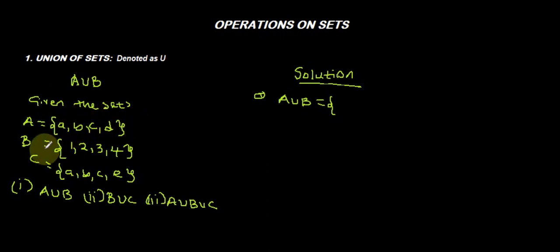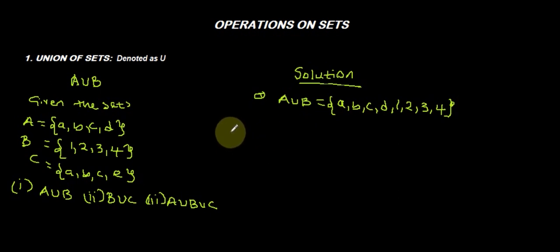Check, and also check for the elements in B. Here the elements of A are A, B, C, D. Elements of B are 1, 2, 3, 4. So in this case, you just have to join the elements together. That means our A union B will be equal to A, B, C, D, then 1, 2, 3, 4.